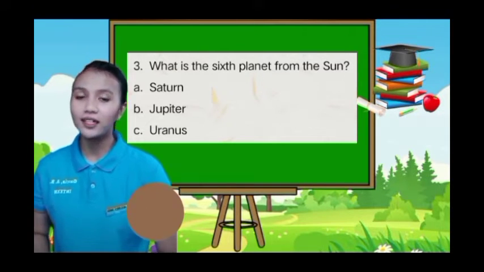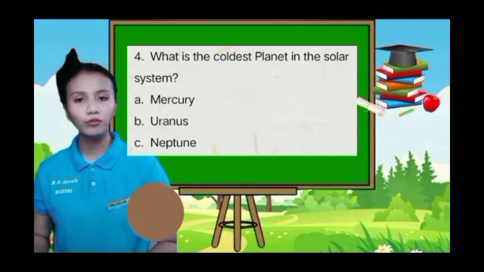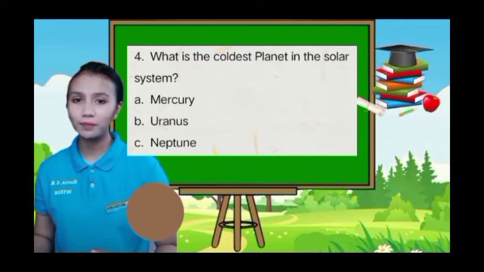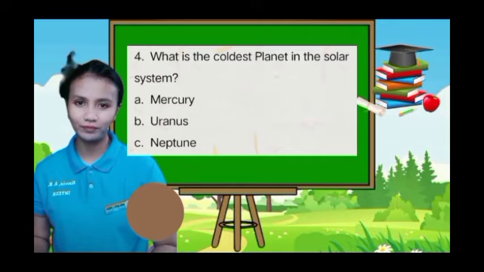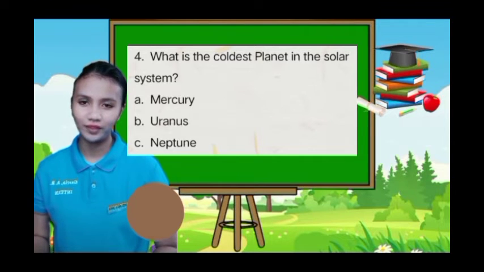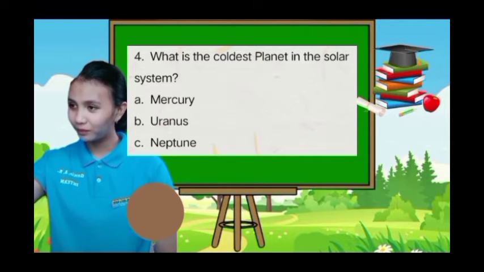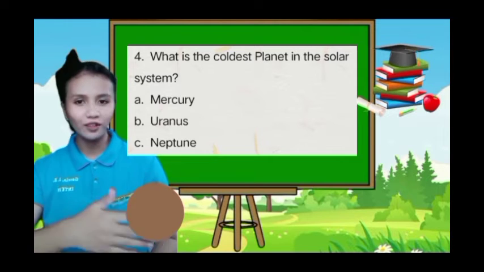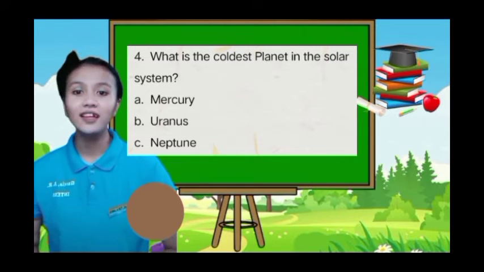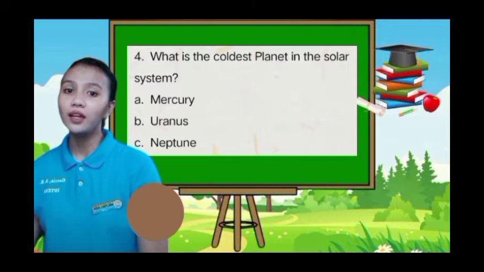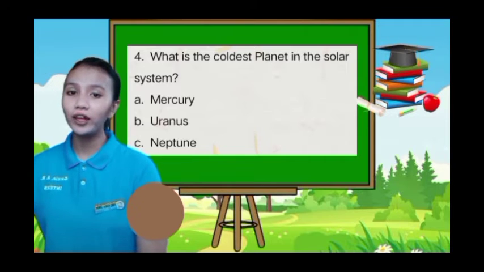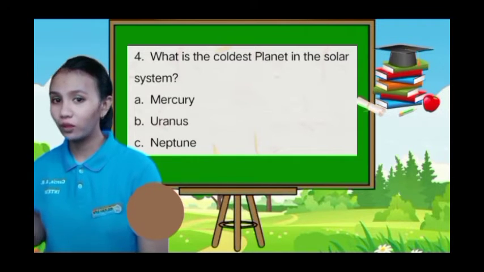So letter A, Saturn. For number 4, what is the coldest planet in the solar system? Yes, Precious? Very good. It is Neptune because it is the coldest planet or the farthest planet in the solar system.